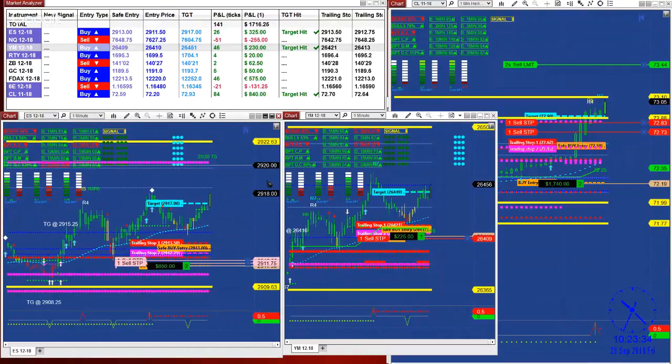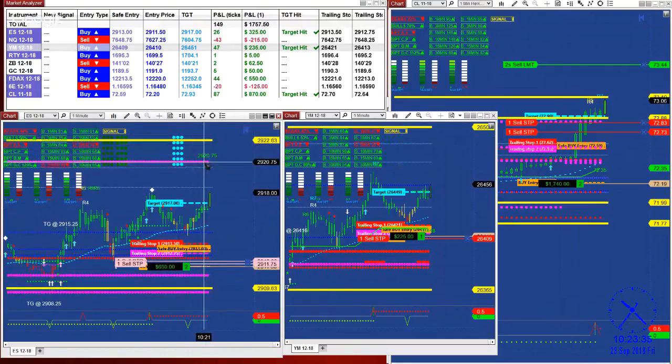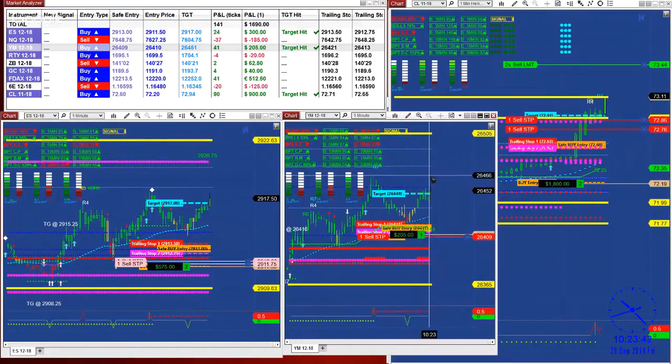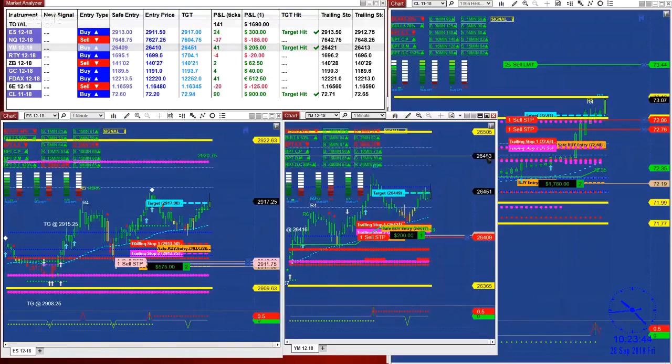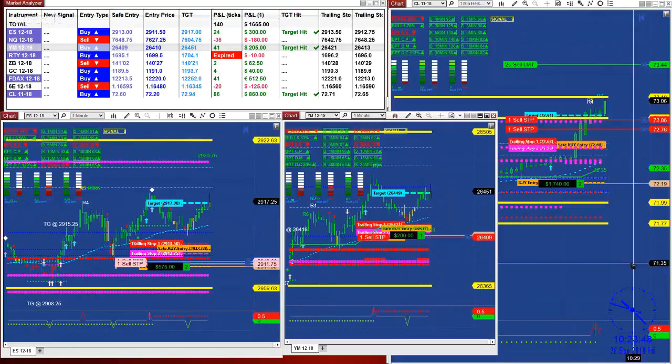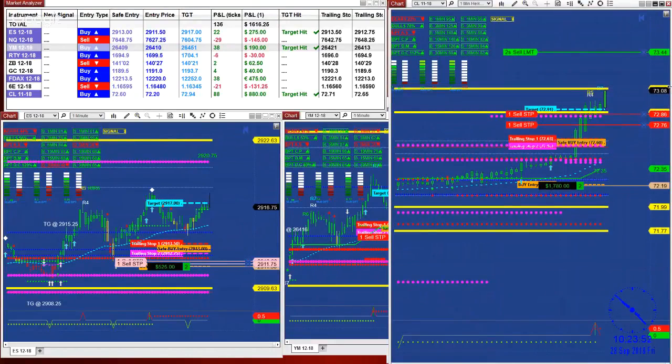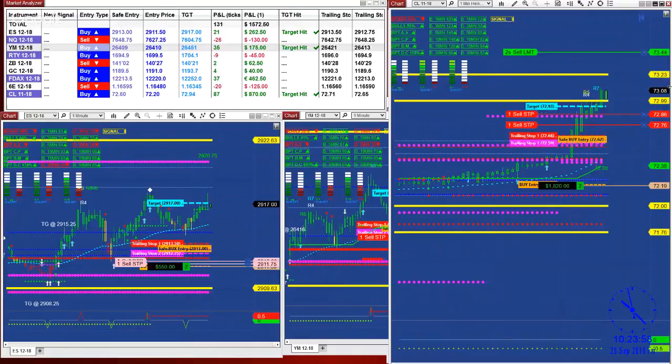ES, we're flying to the moon to the 2075. YM, we're still going. And the CL is amazing. I'm really, really surprised with the CL. Okay, guys, that's what we have.